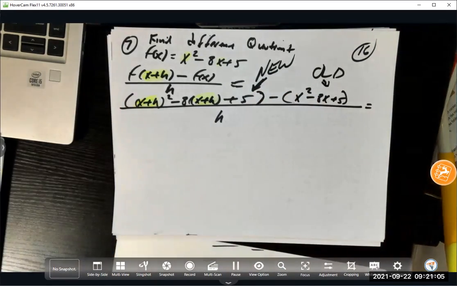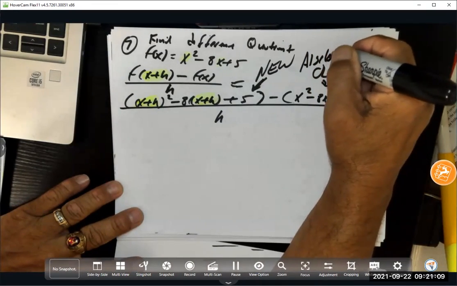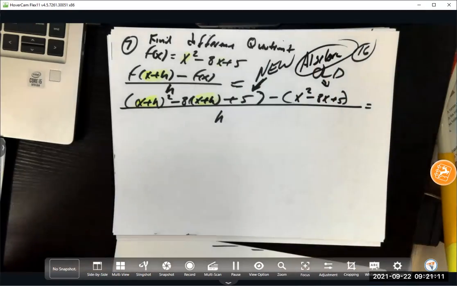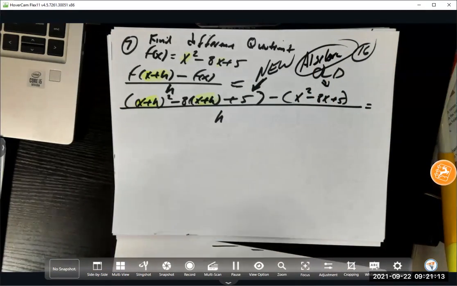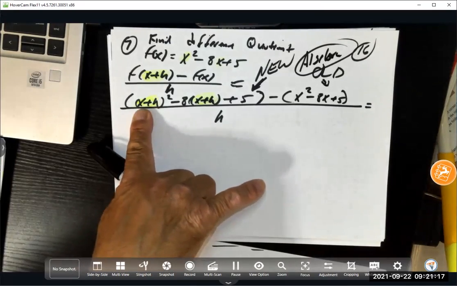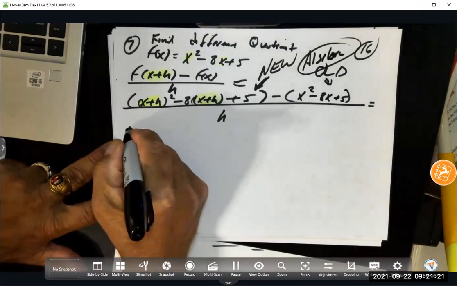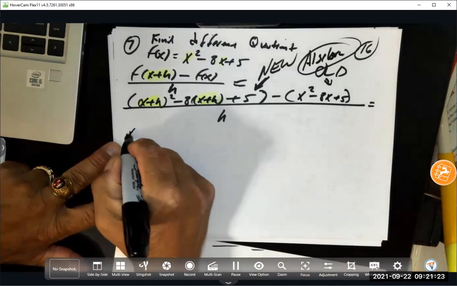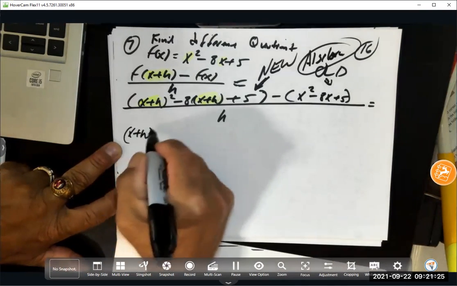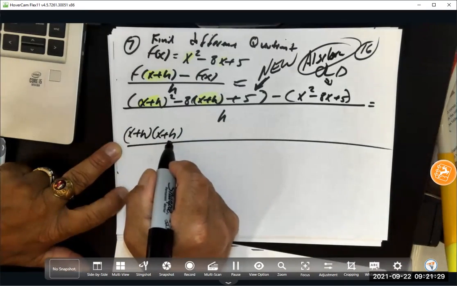All right. So now, go back to the algebra line here. X plus h squared. That means how many times do I do this? Do I do this twice? Yes. So I'm gonna write it twice. Ready? So I'm gonna say x plus h times x plus h, because that's what square means, right?